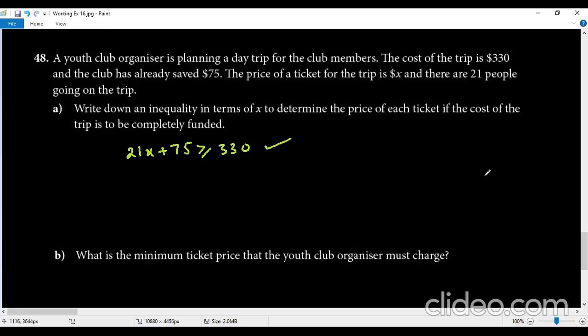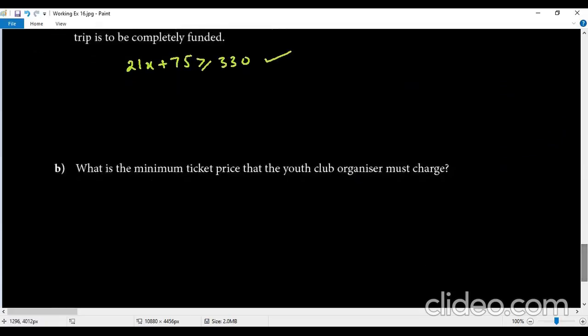Now, what is the minimum ticket price that the youth club organizers must charge? Solving this, 21x is going to be greater than or equal to 330 minus 75. 330 minus 75 is going to give us 255.